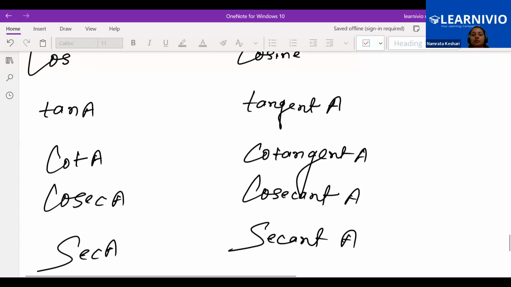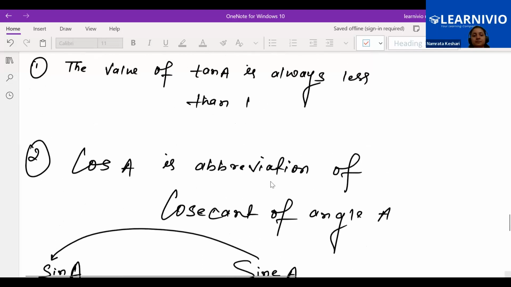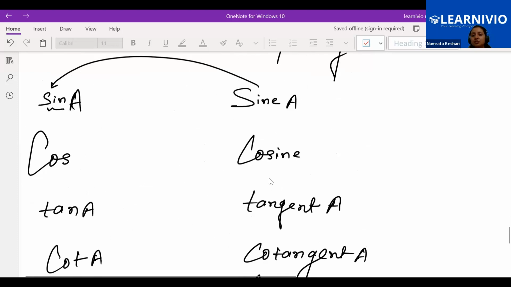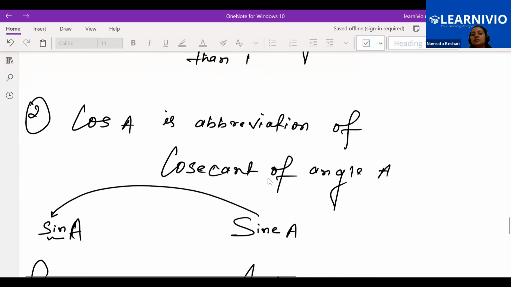Now tell me, is it true or false? Check it. No, it is false. Cosecant means cosec theta, not cos theta.